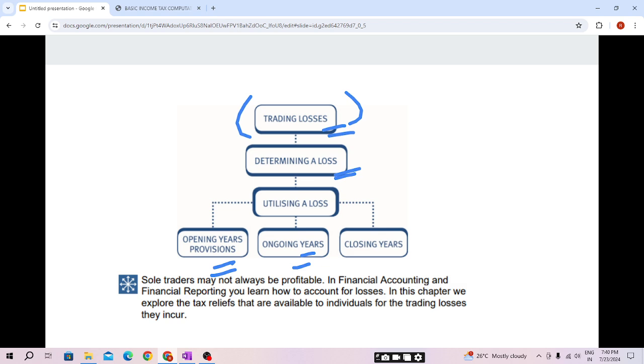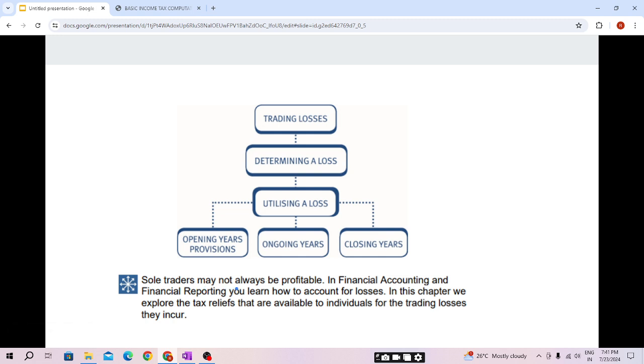The third case is closing years, when I am closing my business and I incur a loss. So when I set up my new business and incur a loss, opening year loss provisions will apply. If I set up my business 10 years ago and now I am incurring a loss, this will come under the ongoing year loss. And if I am closing my business and have a loss, it will be covered under the closing year rules.